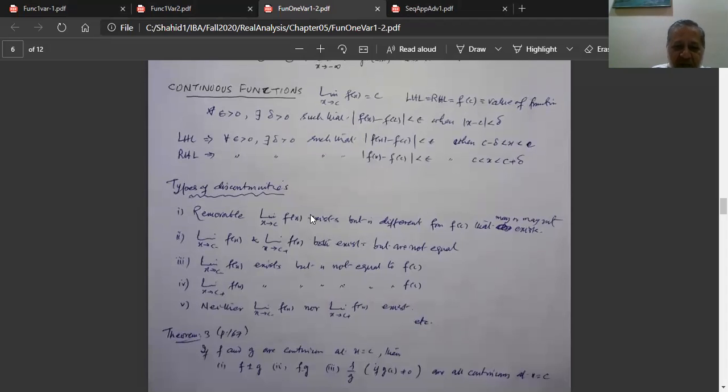What are the things that produce discontinuities? Or we say that different types of discontinuities. You can number them in any form, but when you solve problems, we come to see that we can identify whenever there is a discontinuity, then whether it is removable discontinuity, where limit exists, but a value exists, but they are not same.